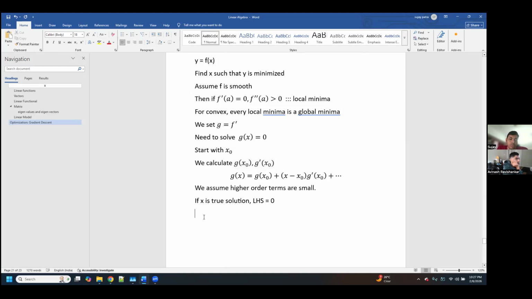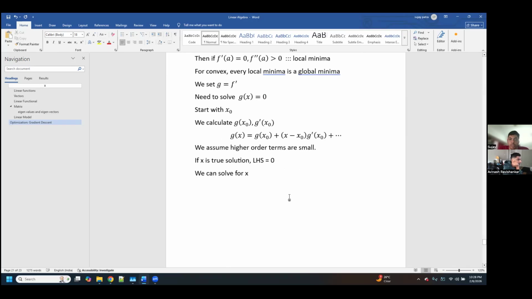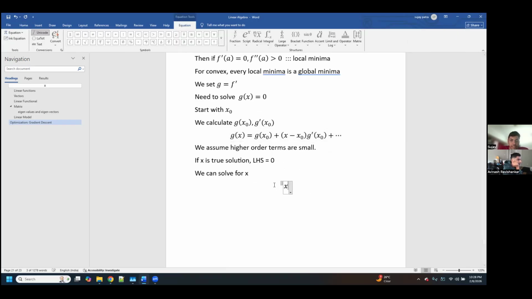So let's solve for x. 0 equals this thing plus this, and then you can take the thing to the other side and simplify. I'll give you the final thing, it looks like this. X equals x naught minus g of x naught over g prime of x naught.